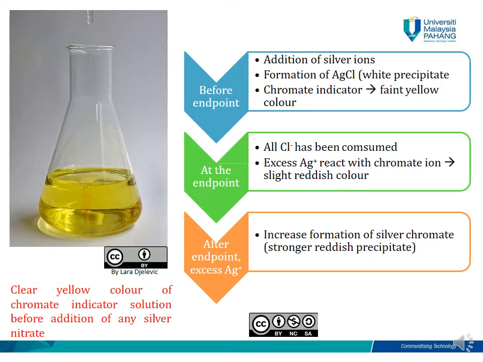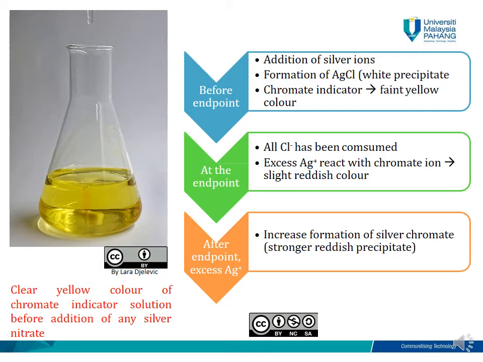However, this silver chloride is a white precipitate, so you cannot see the color of this precipitate very clearly. However, when you add the chromate indicator, it will react with the excess silver nitrate. So that's why you can see the color change to reddish at the endpoint.